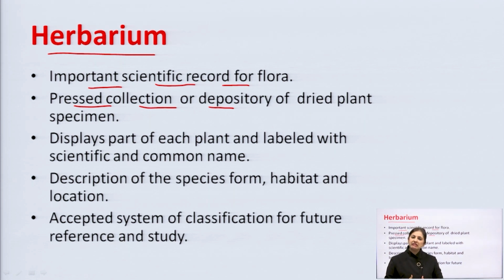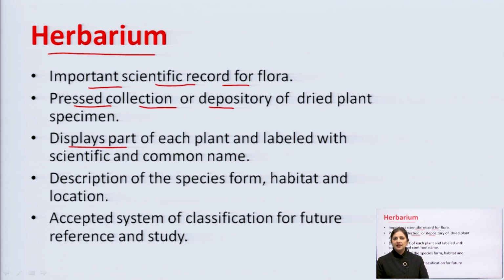Because अगर moisture रहेगा तो moisture is going to lead to the microbial contamination. उसके ऊपर fungus grow कर सकता है, right? Then this herbarium displays part of each plant which is labeled with the scientific and the common name. It also contains description of the species, form, habitat and location. It is an accepted system of classification for future reference of study.